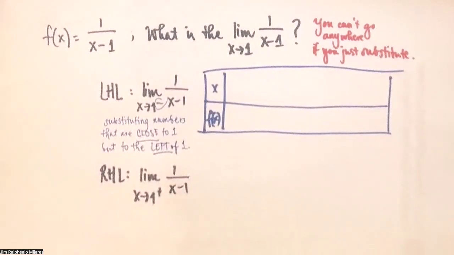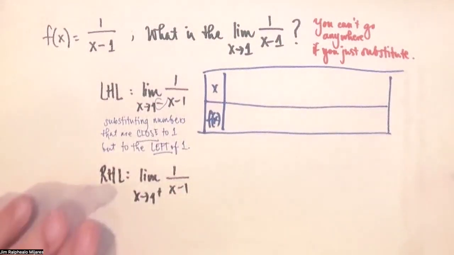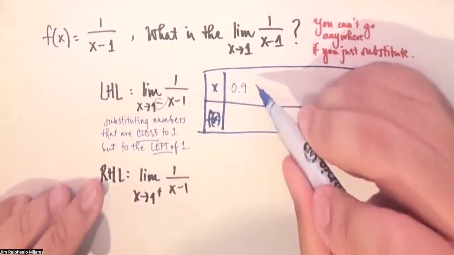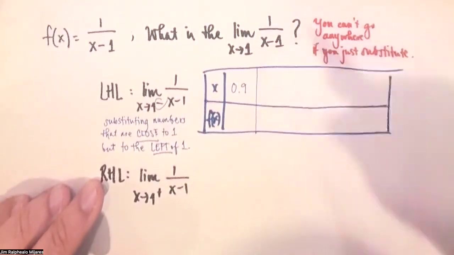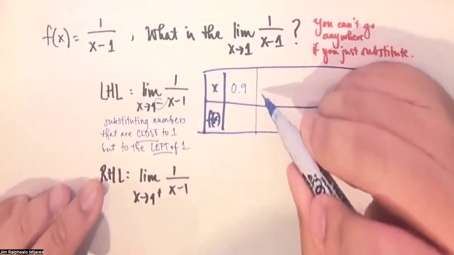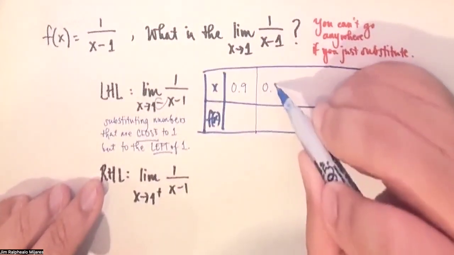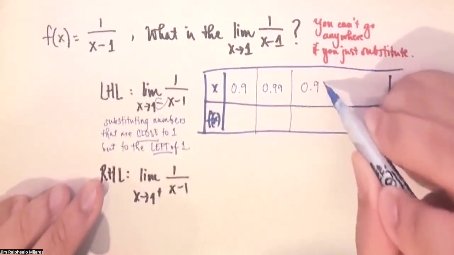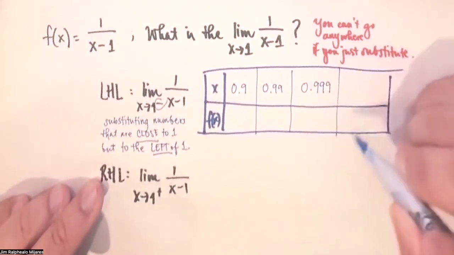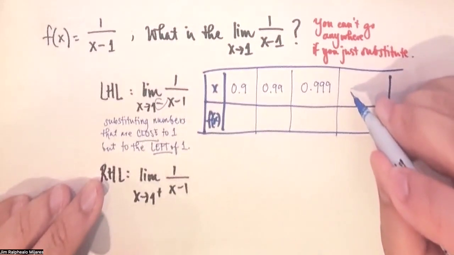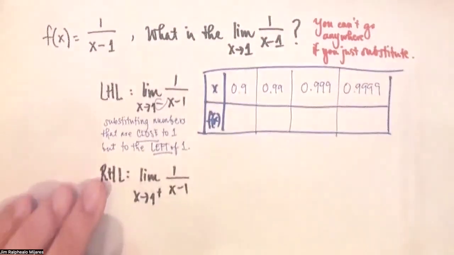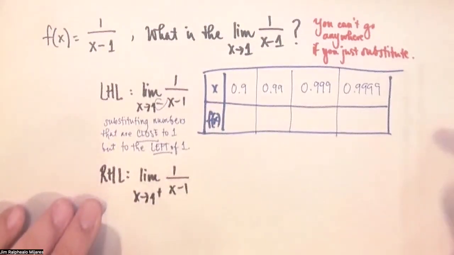So in this particular case, we're substituting numbers like 0.9, and we go closer and closer to 1. So let's add multiple 9s: 0.99, 0.999, etc. Let's add one more. And what do we get?